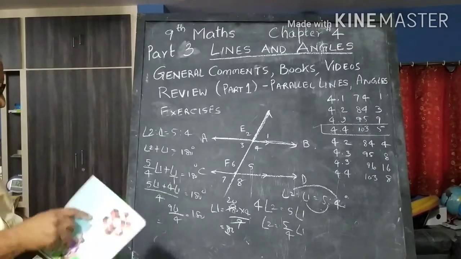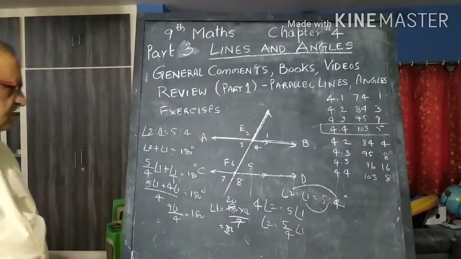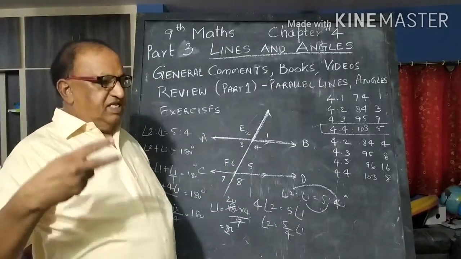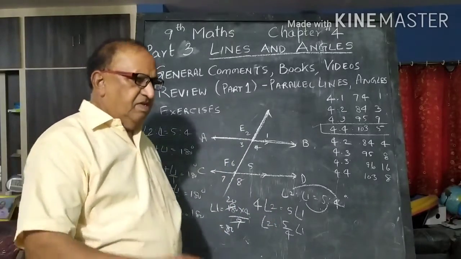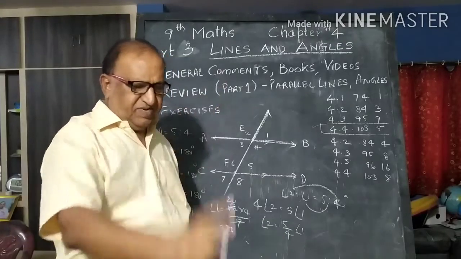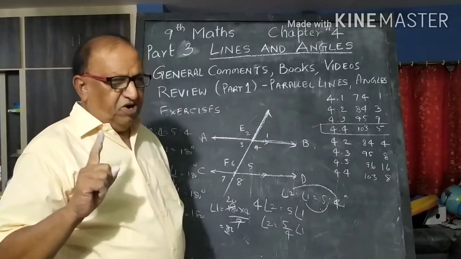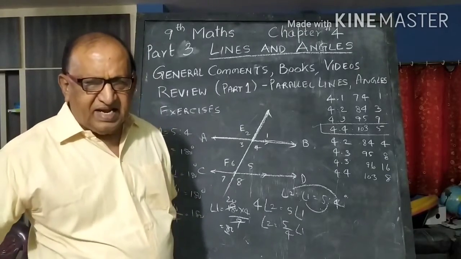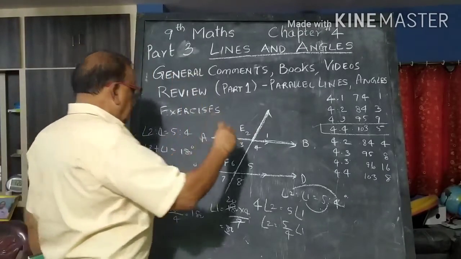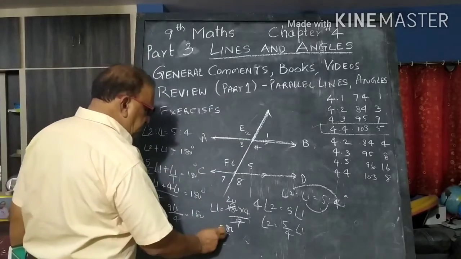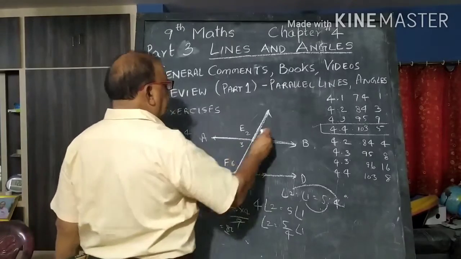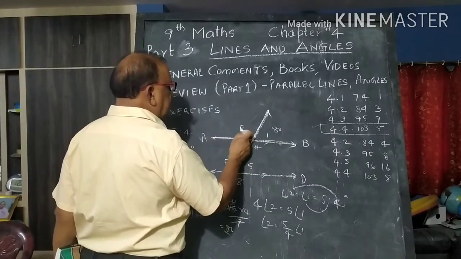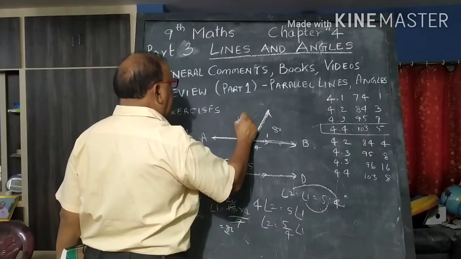That's all. Once you know one value, I told you earlier, in the case of parallel lines intersected by a transversal, all you need to know is only one angle. If you know one angle, all the other angles are automatically known. So this is angle 1, and you got 80. So this is 80. Now this is a linear pair, so this plus this is 180. So this must be 100 degrees.